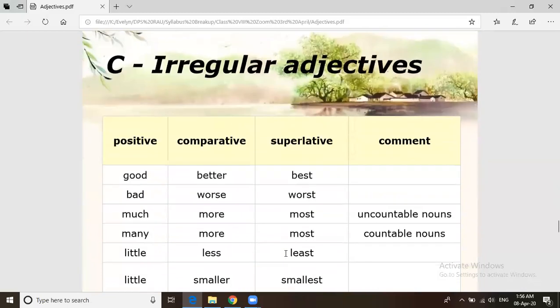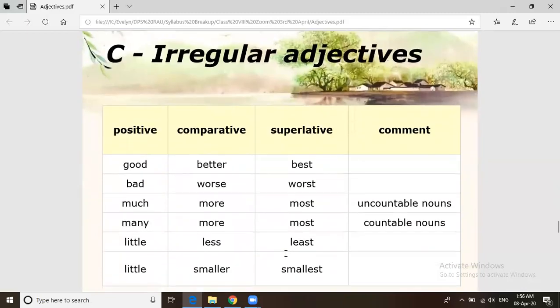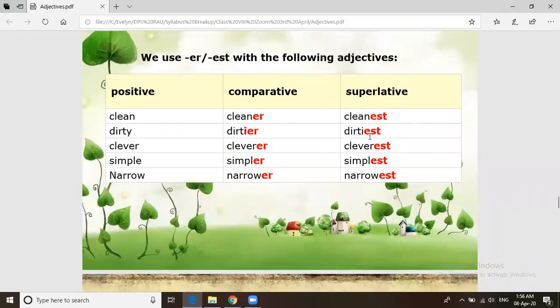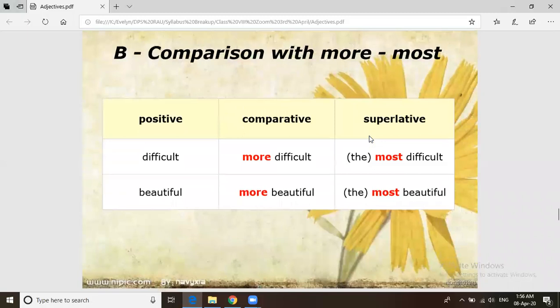Now there are some adjectives called the irregular adjectives, where there is no set pattern. In the earlier forms there was a set pattern.